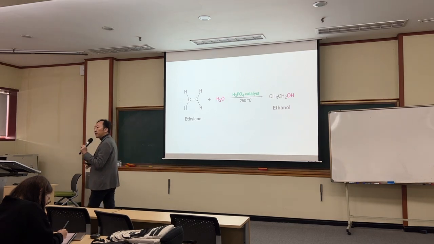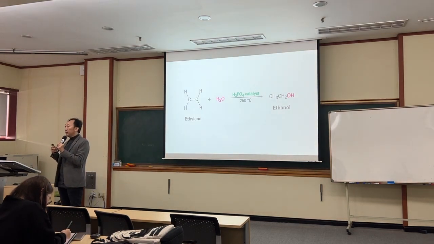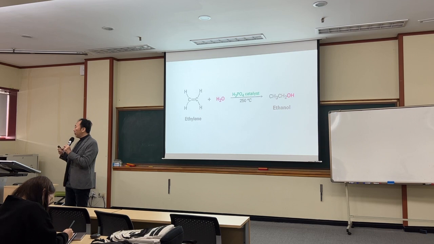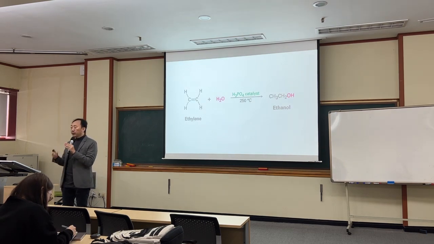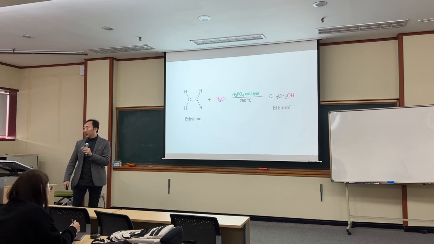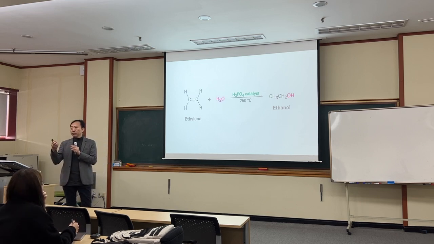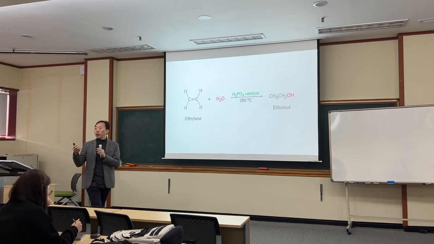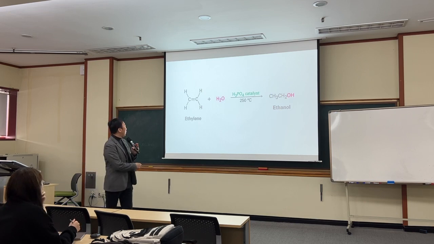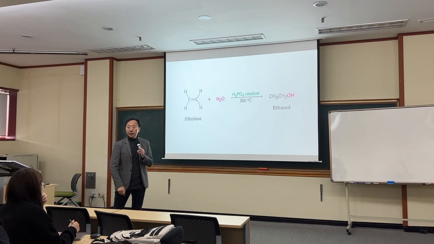Acid activation, so a proton is added, and then a carbocation is formed. There is no evidence here that a cyclic intermediate is formed. So this one may generate the more stable, more substituted carbocation, and then water attacks. So water is added.